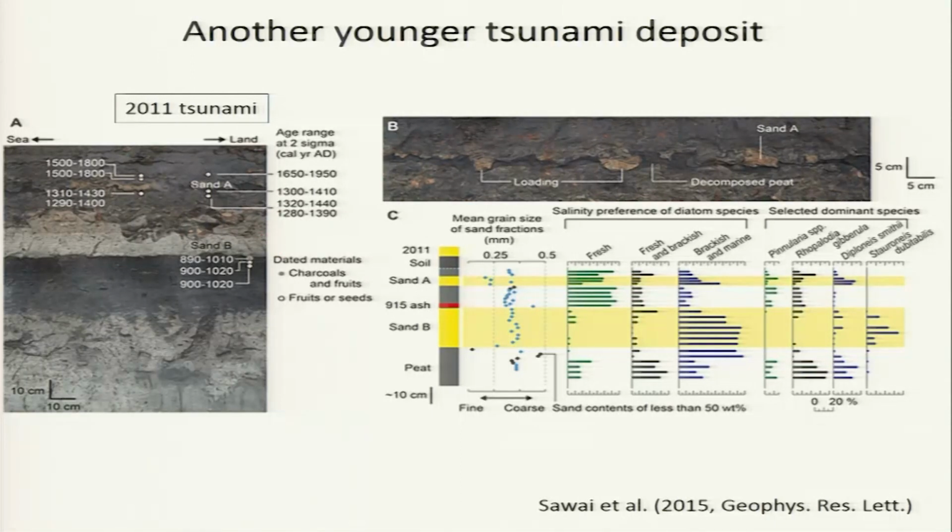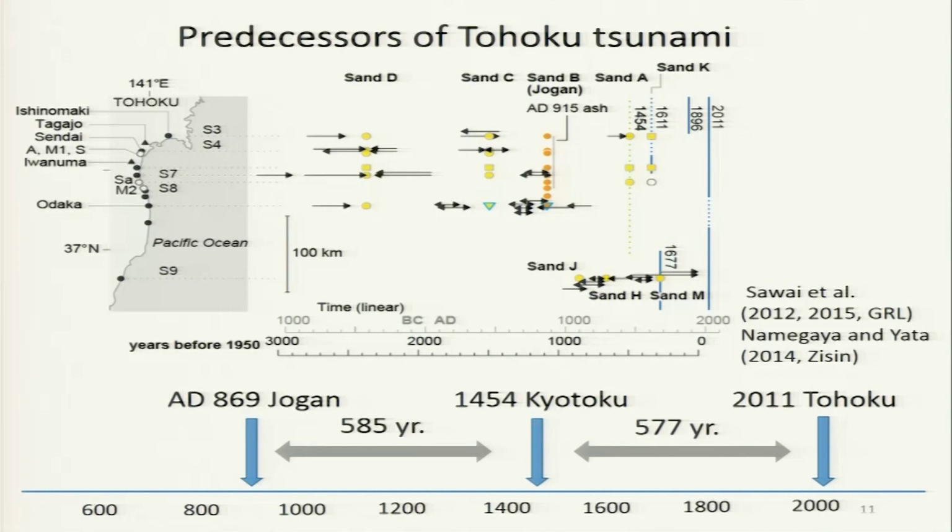And then there is another one over here which is again around 1500 AD or so, and then they had 2011. So this is Jogan in sand B and sand A. If you look at that, then what they have is around 1400 or 1500 AD another event after the Jogan 869, and then they had 2011.